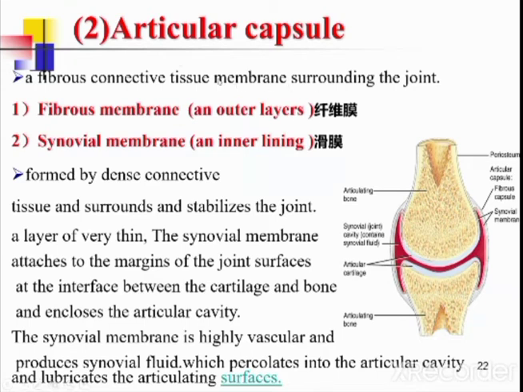The articular capsule can be divided into the fibrous membrane and the synovial membrane layers. 纤维膜. From this picture, we can see this is the fibrous membrane, and the inner lining is the synovial membrane.